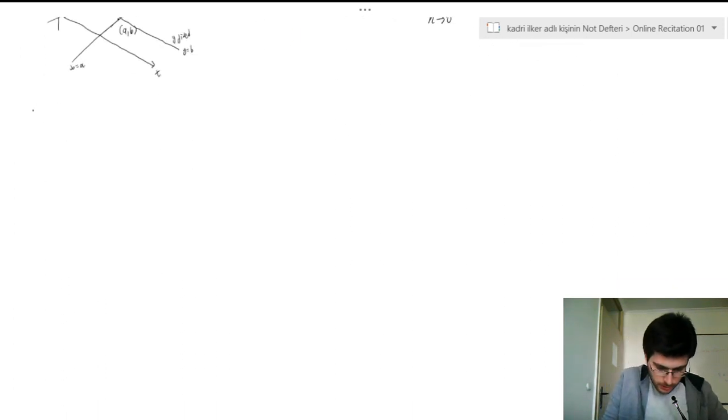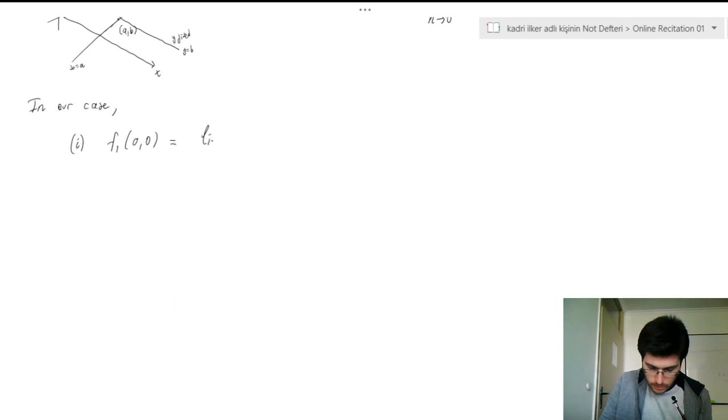So in our case, let's see what we will have. First observation, we want to compute f1(0, 0), the limit as h approaches 0. So a is 0, therefore we have h, and the second parameter is 0, which is always fixed.